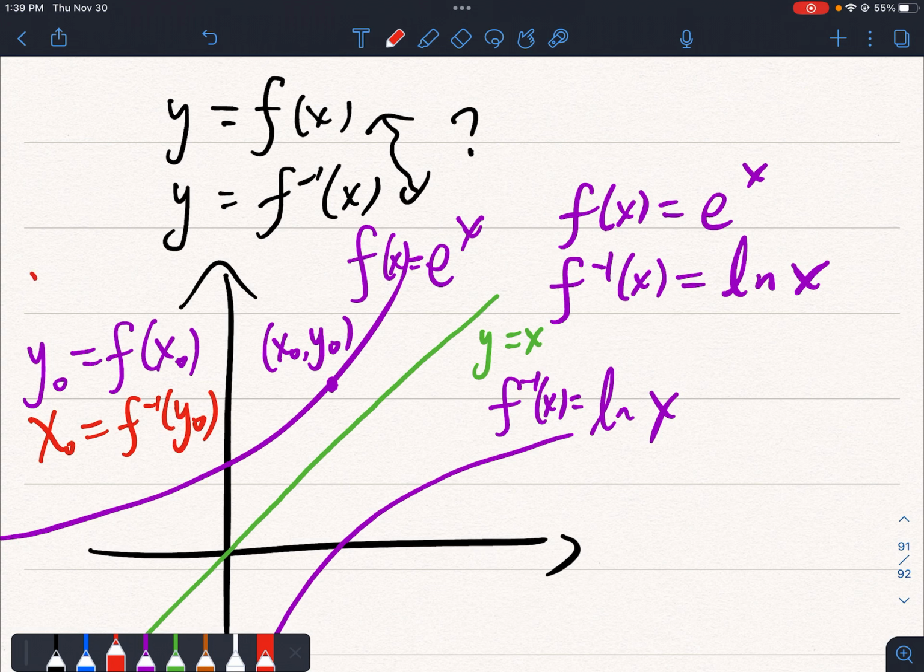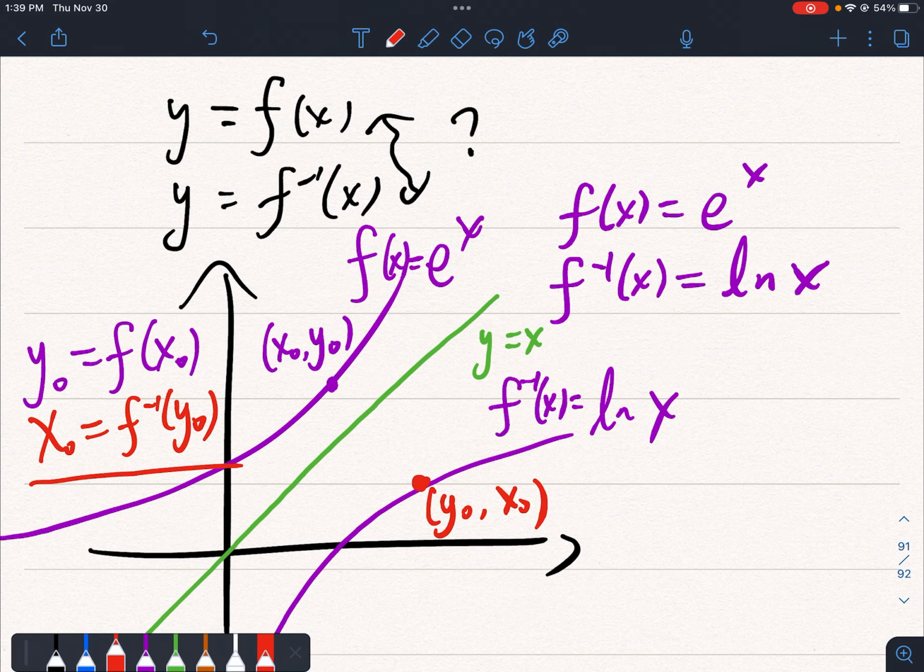And because it's invertible, you can take the inverse of both sides to get x naught is equal to f inverse of y naught, right? Because if you apply f inverse to both sides, then f inverse of y naught is f inverse of f of x naught, which becomes x naught. So x naught is equal to f inverse of y naught.